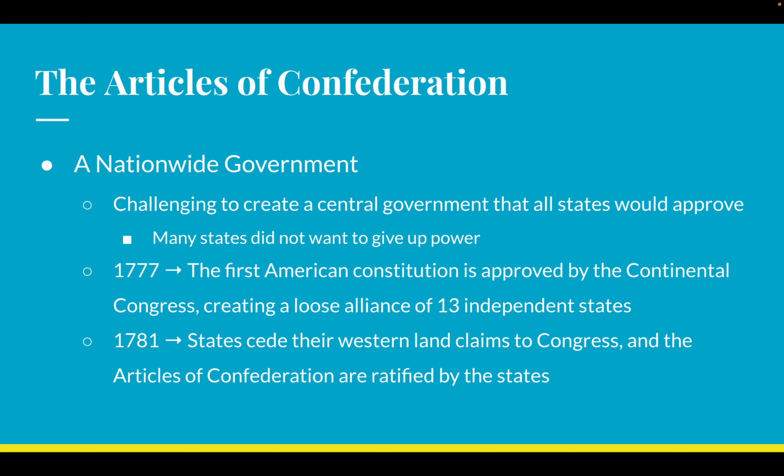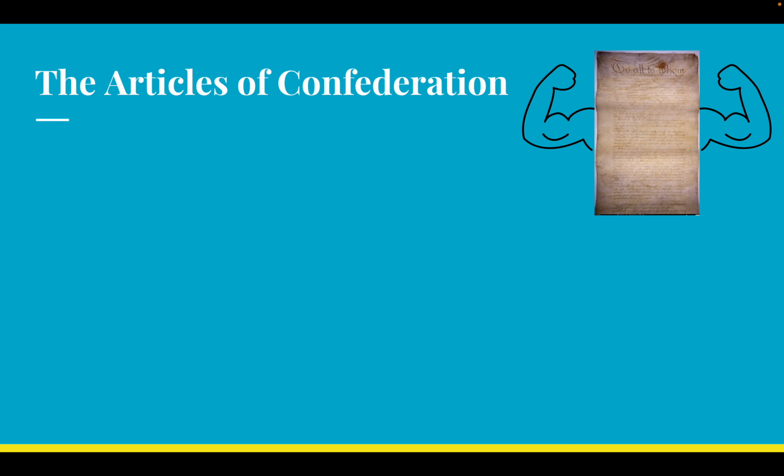What we have is the First and Second Continental Congresses. We have some sort of grouping of states working together to make things work in our new government. But this whole idea of a national government, the Articles of Confederation tying the states together, doesn't necessarily exist until the last couple years of the war, 1781.